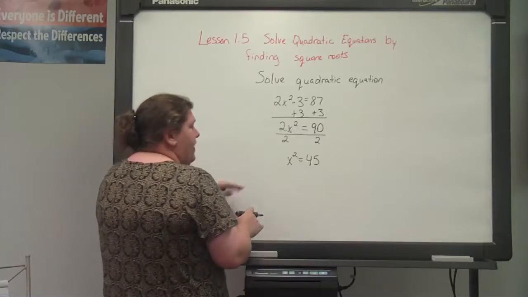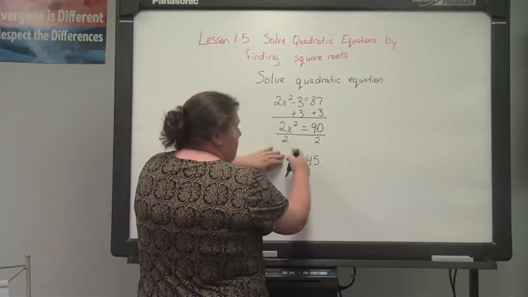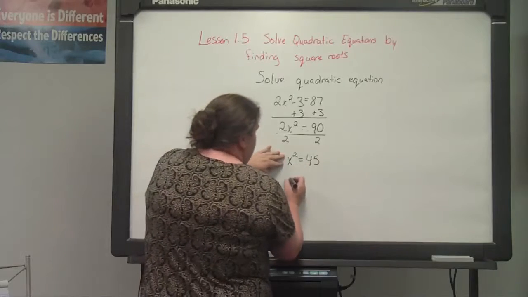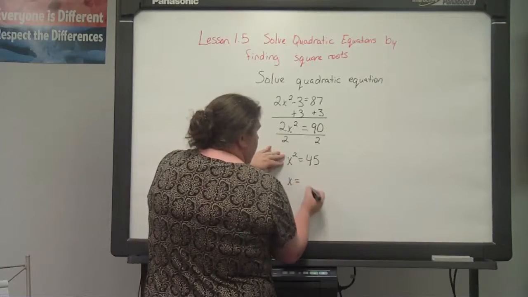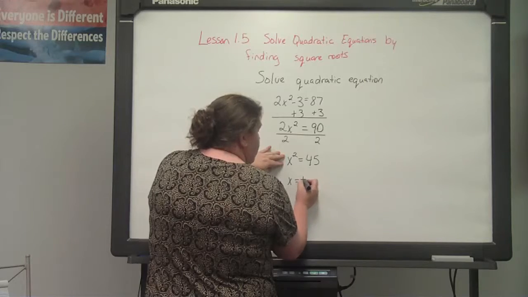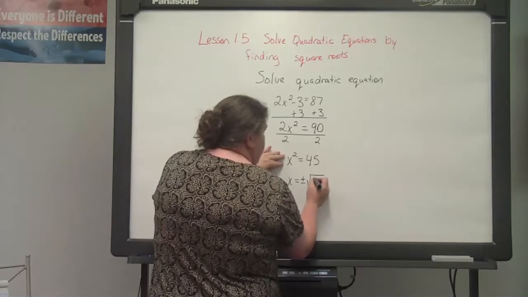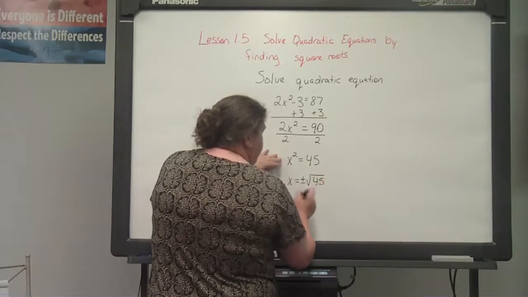The next step we need to do is get rid of our power, which is squared. The opposite of squared is square root. So it's plus or minus square root 45.